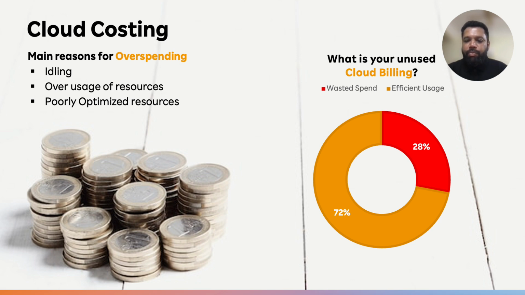Because there are a lot of services we don't even use 24/7. It is idle and over usage of resources. When you need 2 CPU, we are using 4 CPUs. When you don't need 16 GB of RAM because it is available, we are using 16 GB of RAM.